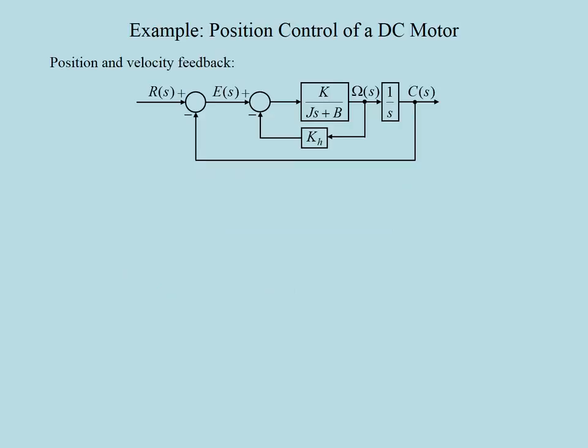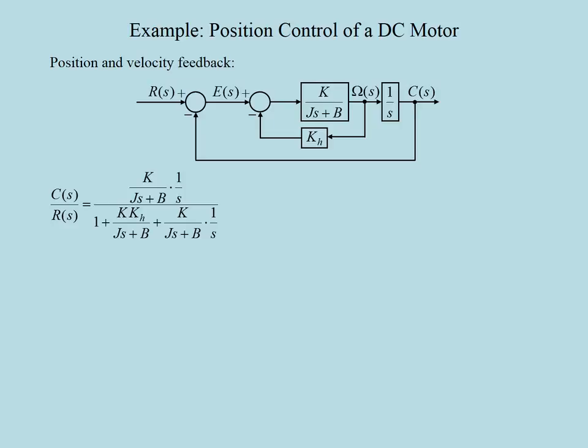Now, besides feeding back the angular position, we are going to also apply a velocity feedback. To obtain the angular velocity of the load, you don't need to differentiate the position. You can measure it directly by a device called a tachometer. Note that now we have 2 feedback loops.